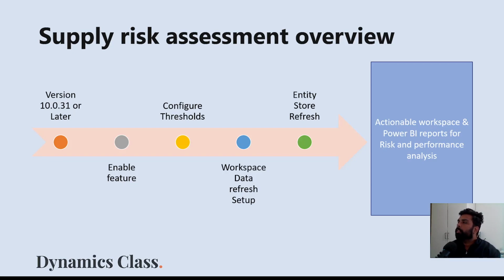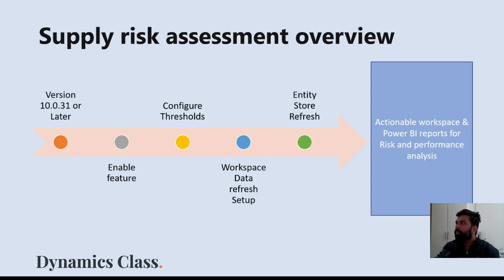This was released and is available in version 10.0.31 or later versions, 32, 33 or 34, if you have that version. The next thing we need to do is enable the feature in the feature management workspace.